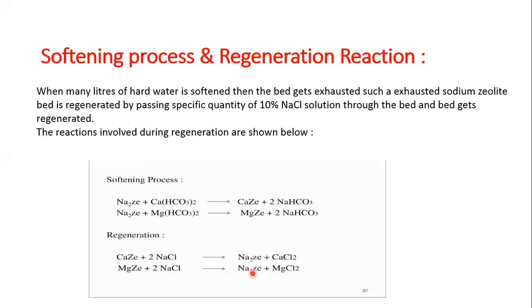It again forms sodium zeolite with the formation of magnesium chloride salt. This salt can be recovered or removed in the washing process. And again this bed, which is the original sodium zeolite bed, can continue the process.